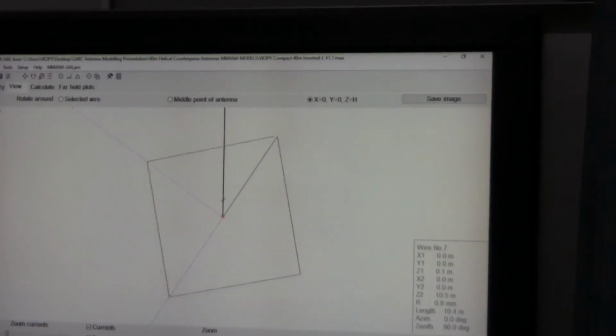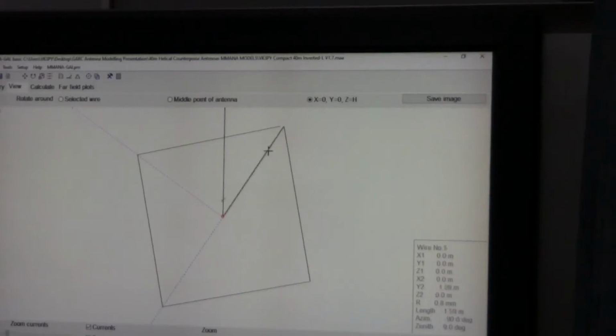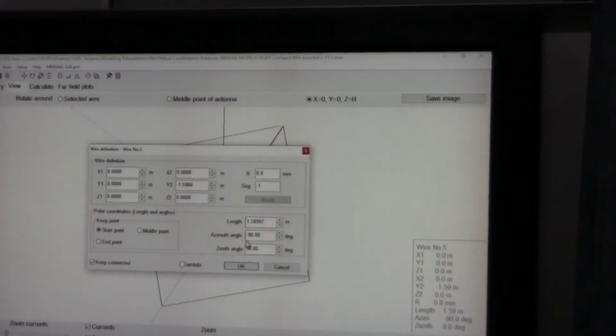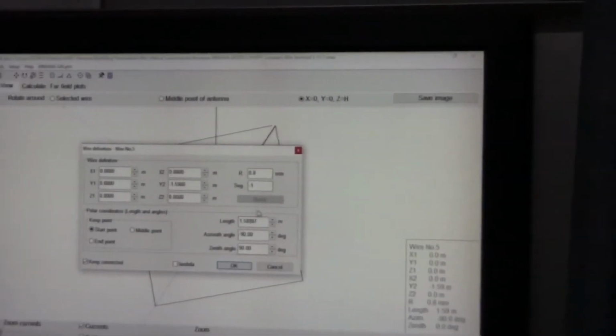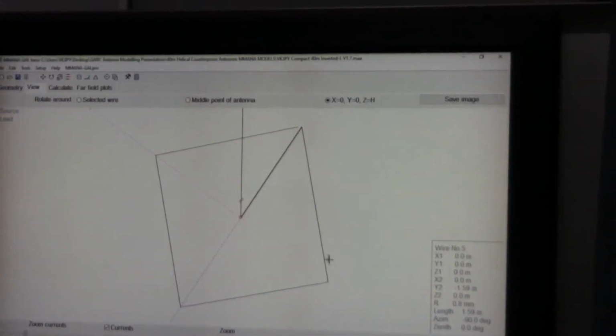All right. Now, looking at that radial, remember I had that one radial out in a straight line. What I've done here is coiled it around. So from the base I've taken it out a certain distance, about 1.6 metres roughly. And I've gone around in a square and it finishes here.